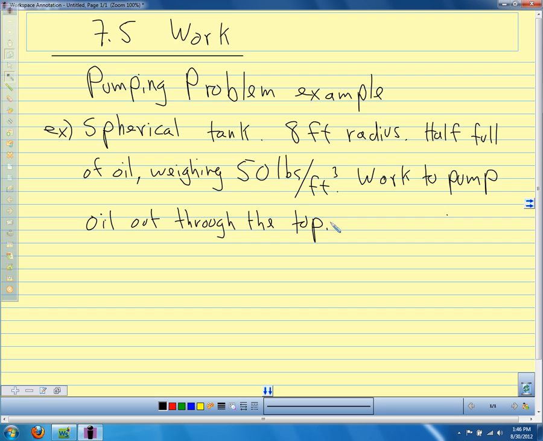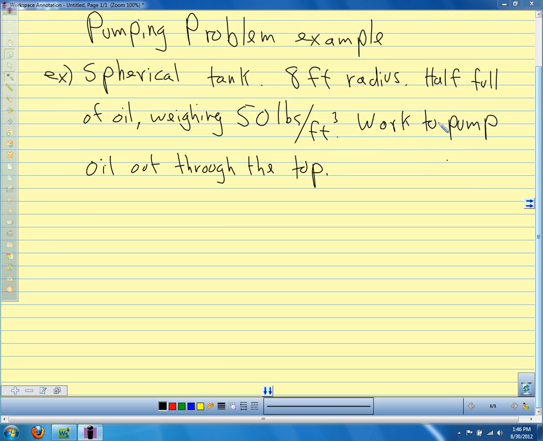So let's draw pictures, make a little sketch, define our coordinate system, and draw our representative little layer of the oil. So here's my spherical tank, and I'm going to set my coordinate axes. I'm going to have the y-axis go right through the center, and my x-axis go out this way.